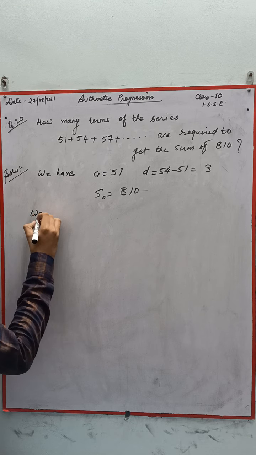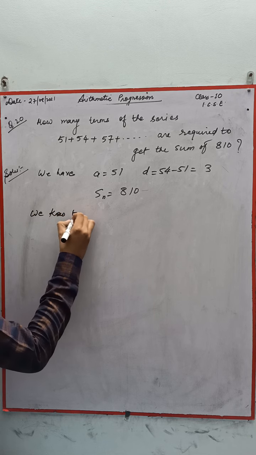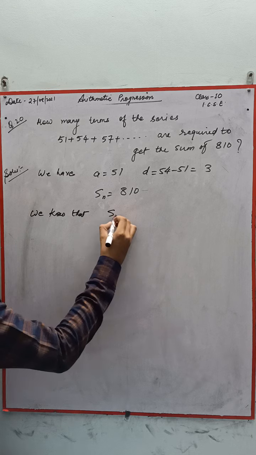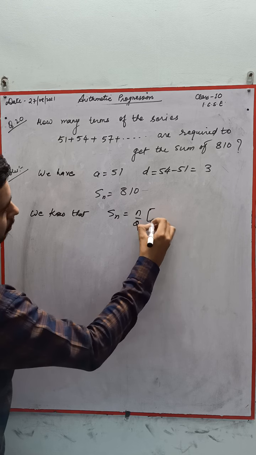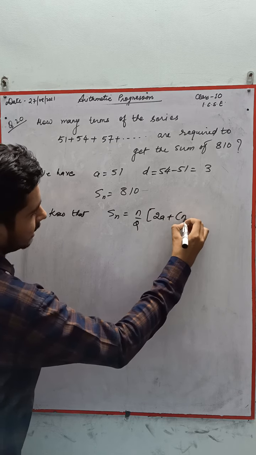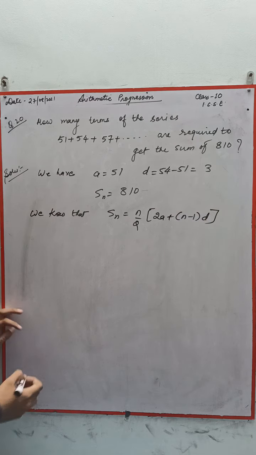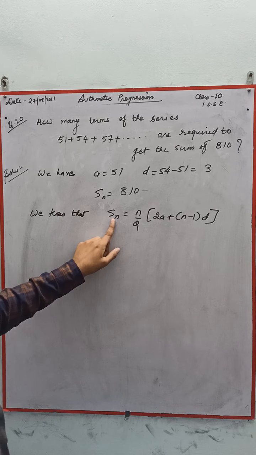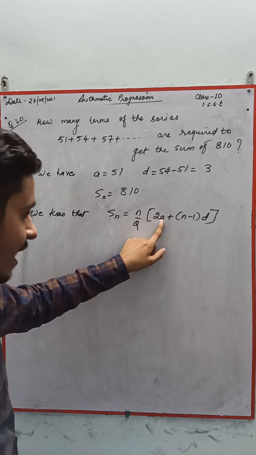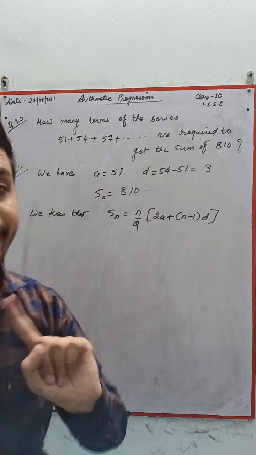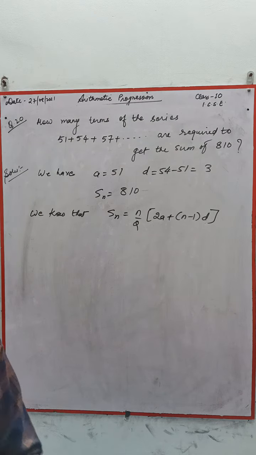We know that Sn is n upon 2 bracket 2a plus n minus 1 into d. In this formula, we have the value of Sn, we have a, we have d. We don't have n, we have to find it.